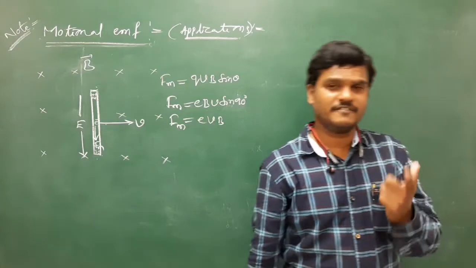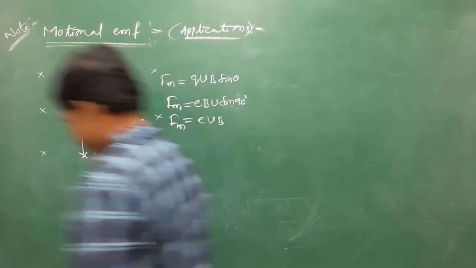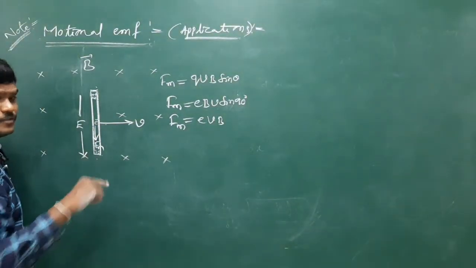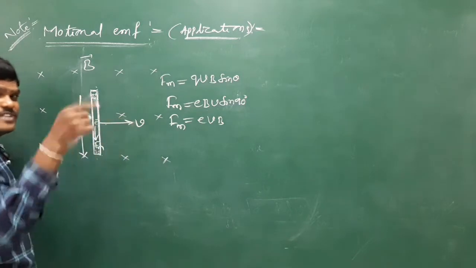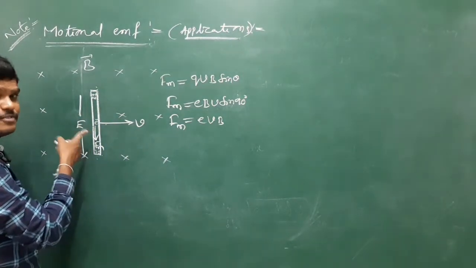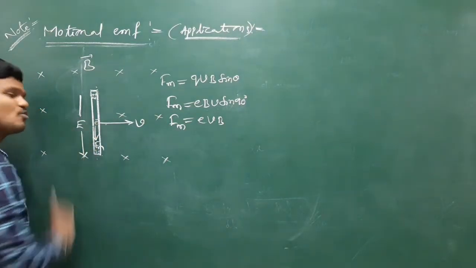You know already, if an electron is moving in an electric field, it experiences a force. If a charge is in an electric field, then the force acting on the charge is EQ. Here the electron is a negative charge.